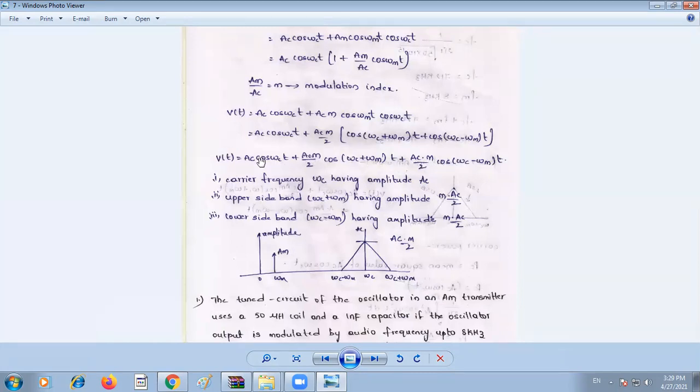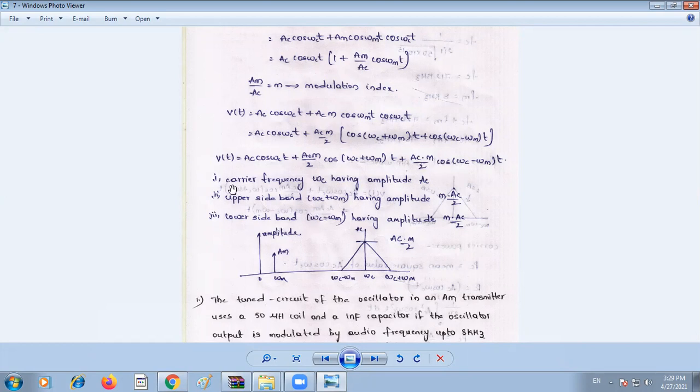There are three terms in single tone amplitude modulation.